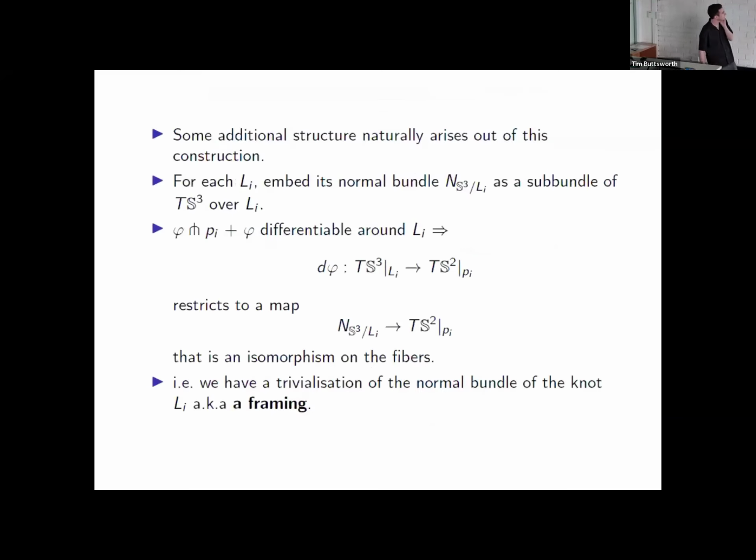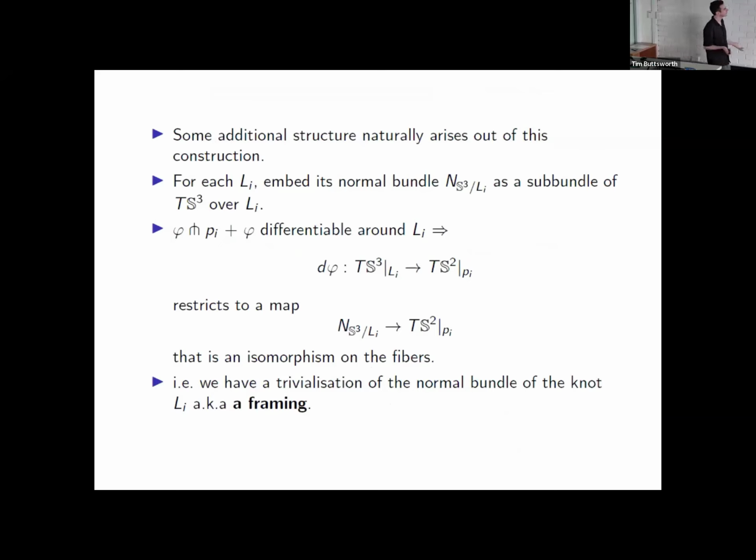But this isn't all I get, right? So I actually get some additional structure just naturally occurring. So for each component of my link, I can embed its normal bundle as a sub-bundle of the tangent bundle of S3. And now by assuming that phi is transverse to each of my points, again, this is just like perturbing things to be nice, right?